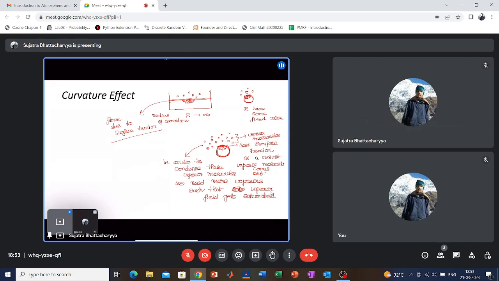Okay, that means what? The saturation vapor pressure increases. Okay, the saturation vapor pressure increases.